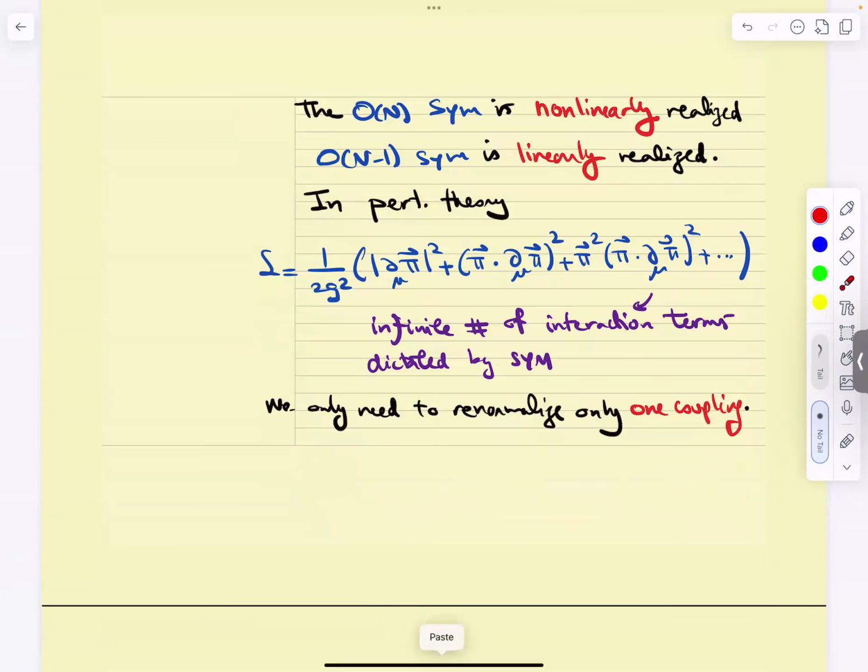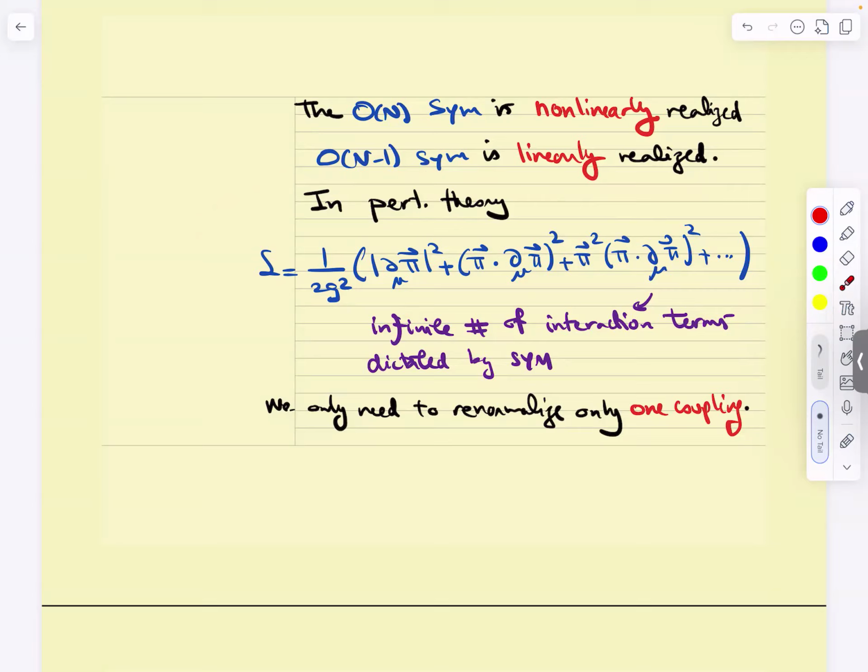Good. SO(N) symmetry, so this is the right terminology: SO(N) symmetry is nonlinearly realized. O(N-1) symmetry is linearly realized in this writing of the action. From the perspective of quantum theory, there's nothing fundamental about the field, the vector pi. That's one way of organizing your degrees of freedom.